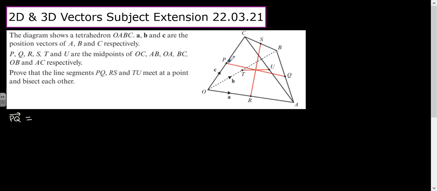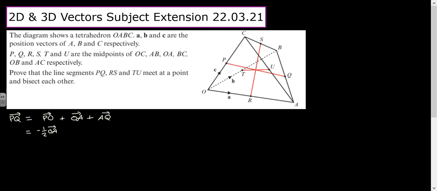We're going to go from P to O. We're going to then add O to A, plus AQ. So we're trying to journey from P to Q along vectors that we know. Okay. So the journey from P to O, you can see here, is given by minus a half of OC.